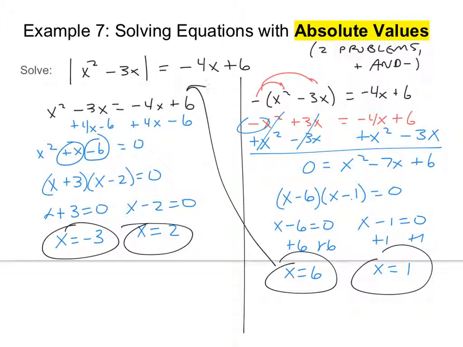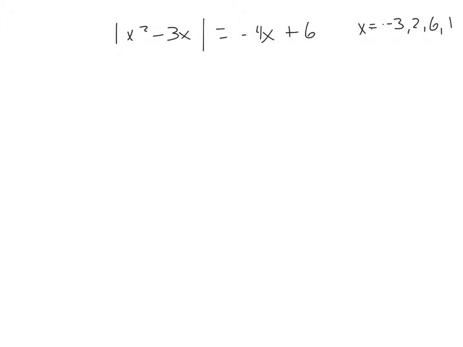I have to test them all in the original equation. So I'm going to start a new page and we're going to test those solutions. I've got my original equation, the absolute value of x squared minus 3x equals minus 4x plus 6. Testing my solutions, I've got x is equal to negative 3, 2, 6, and 1. So let's just start. x equals negative 3.